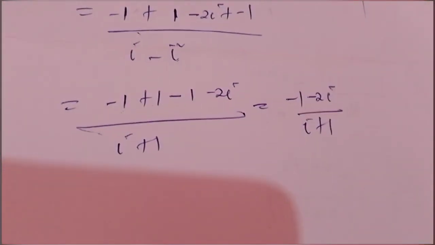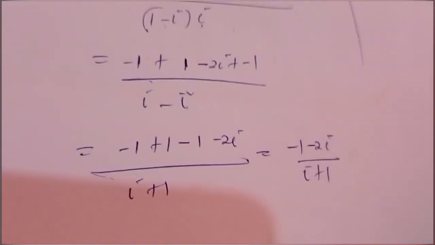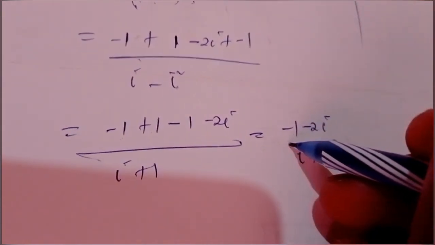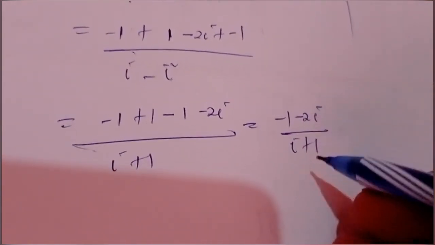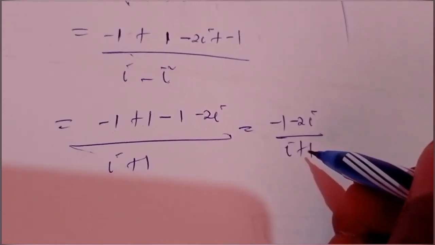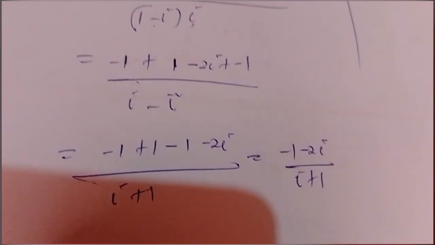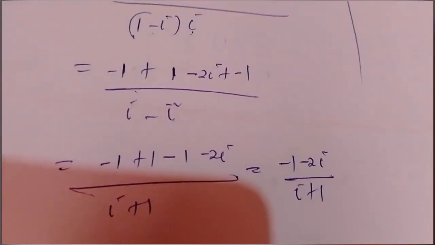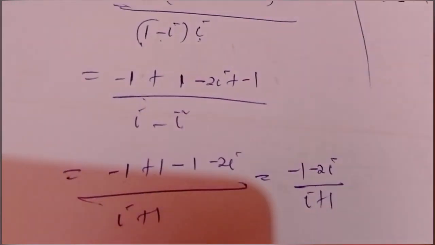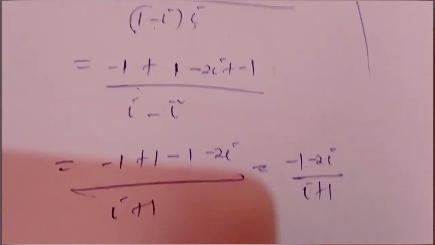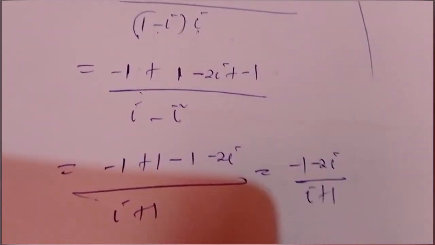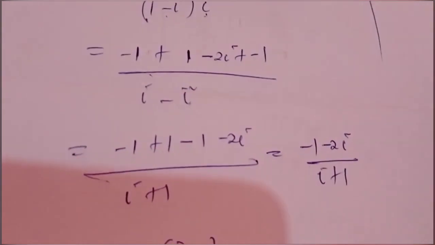So for that, we multiply the numerator and the denominator by the conjugate of the denominator. You have minus 1 minus 2i over i plus 1. So we multiply by i minus 1 over i minus 1.